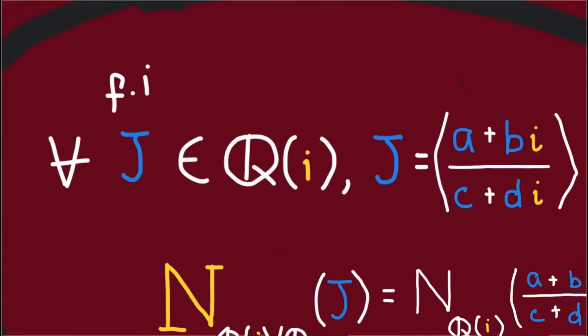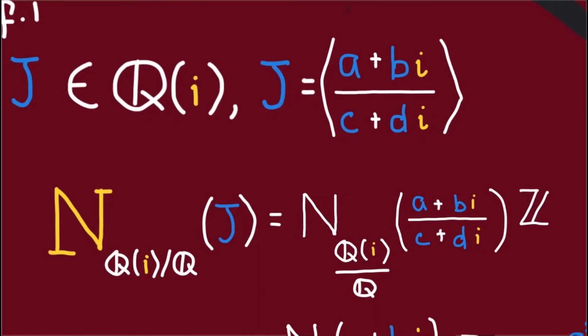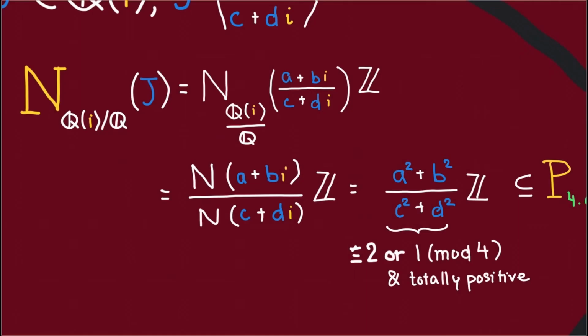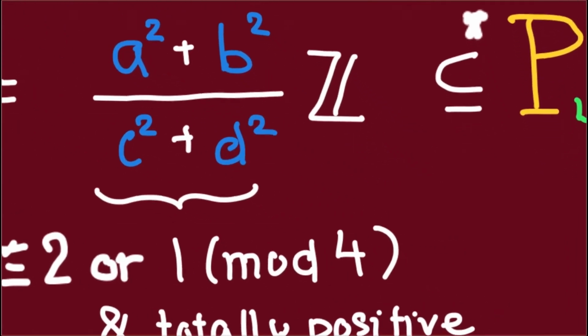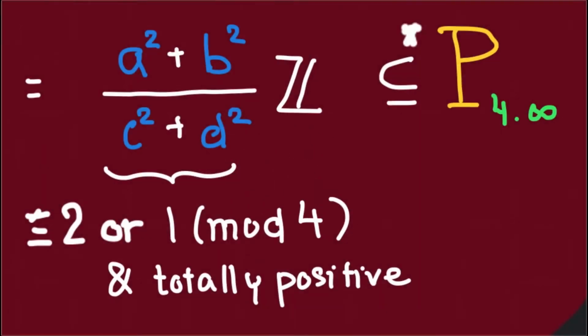Observe that every fractional ideal in Q(i) is principal, therefore its norm is just going to be equal to the ideal generated by the norm of this generator, which is just going to be congruent to either 2 or 1 modulo 4. Observe that this generator here is also totally positive, and therefore almost all elements of this ideal must lie inside P_M.